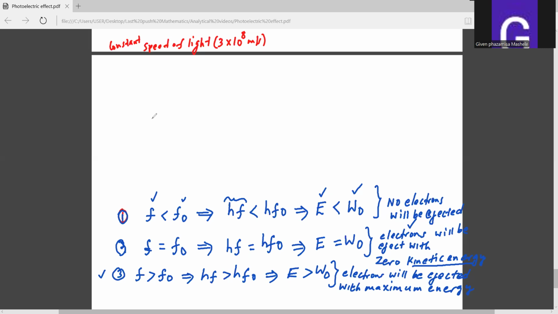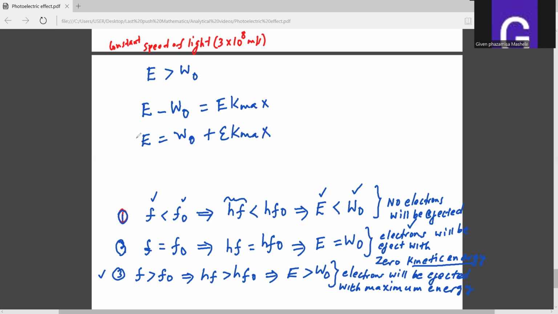Let's take the third one further: if the energy of the photon is bigger than the work function, and we subtract the work function from the energy of the photon, there will be an extra energy added, which is called the kinetic energy maximum, due to motion. So if we rearrange this, E equals W naught plus EK max.